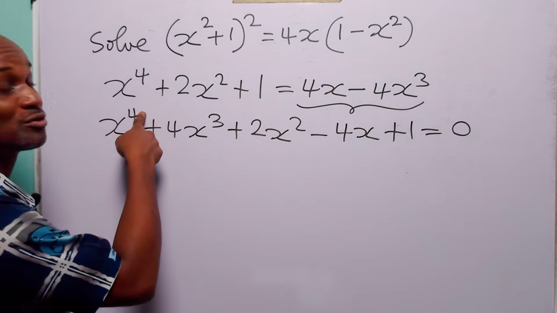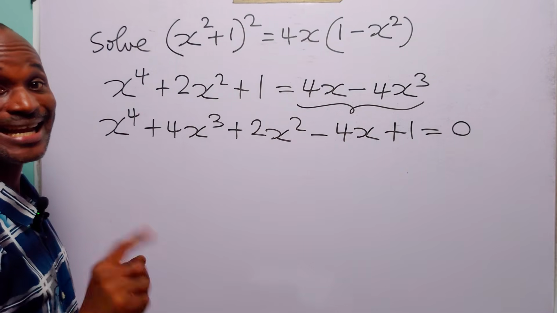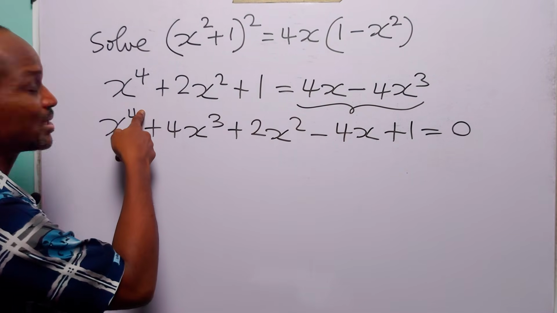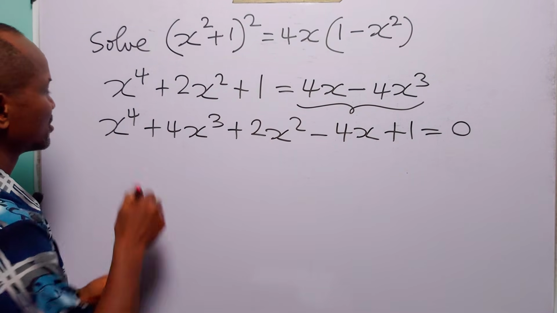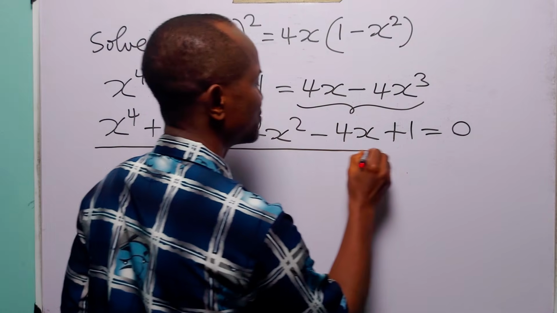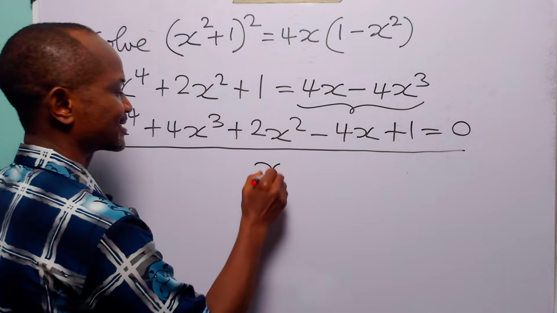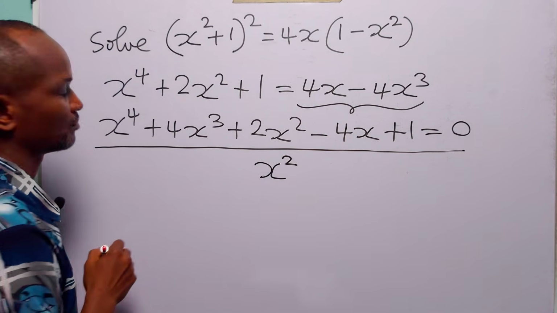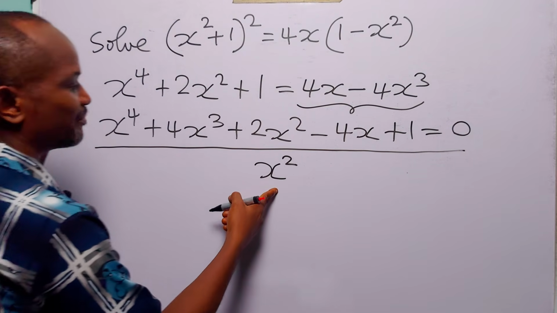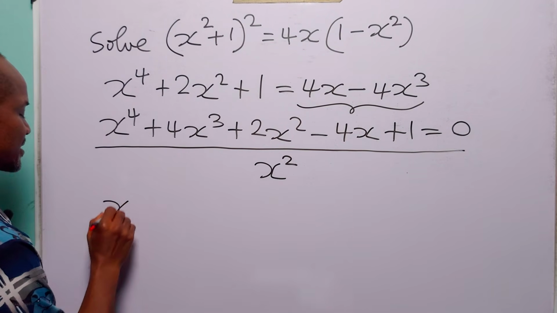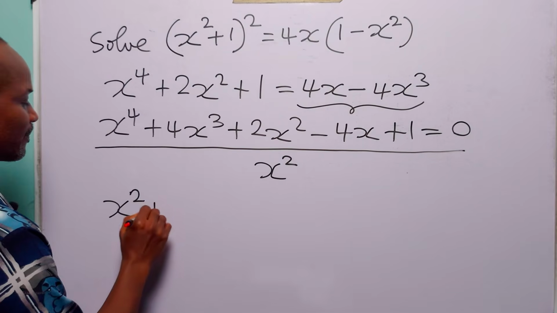Here we have x raised to power 4, an even power. 4 divided by 2 is 2. So we are going to divide through this equation by x to the power 2. Now this divided by this is going to give us x squared.